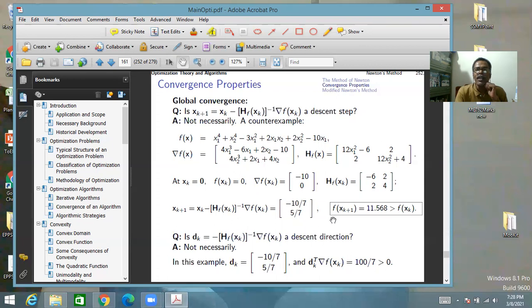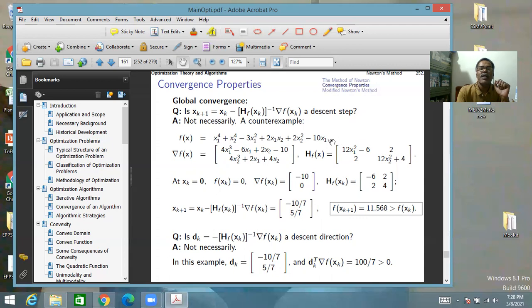And then at that point, you evaluate the function and you get 11.568. And that is certainly more than 0, which was the value at xk. So it's not a descent step. xk plus 1 has turned out to be a worse point, with higher function value.